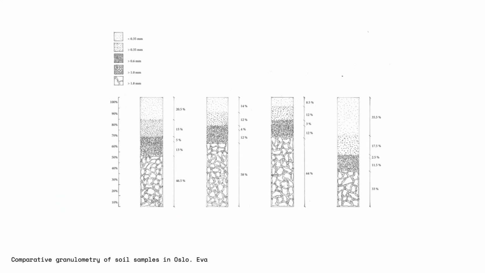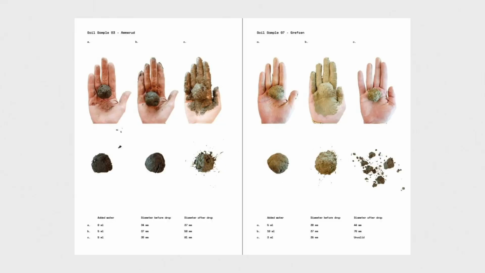So how do we test and characterize these materials, and how can architectural means interpret our findings in a way that creates new knowledge? These are comparative granulometry studies, and also examples of how to find the right consistency when working with earth.